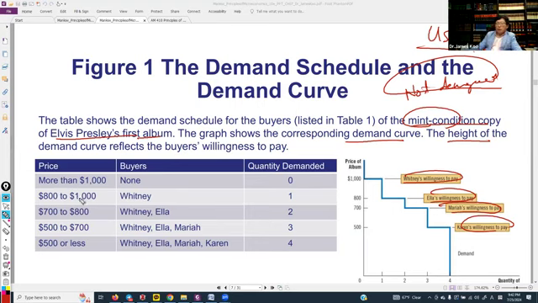Everybody here from 800 to 1,000 is Whitney, and Whitney, Ella, Maria are all buyers.